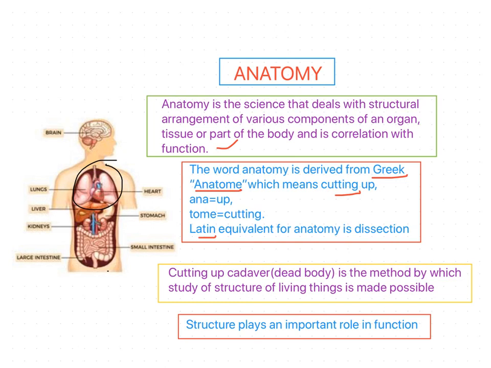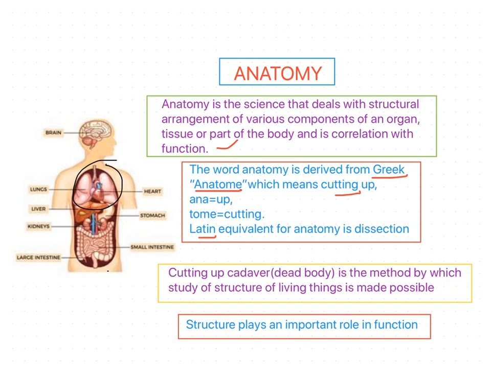If you take any part of the body that is different from another, for example the eyes, the structure and design of the eyes are different from the structure of an ear. The structure of the eyes is designed in such a way that it is used for seeing, whereas the ears are useful to hear.